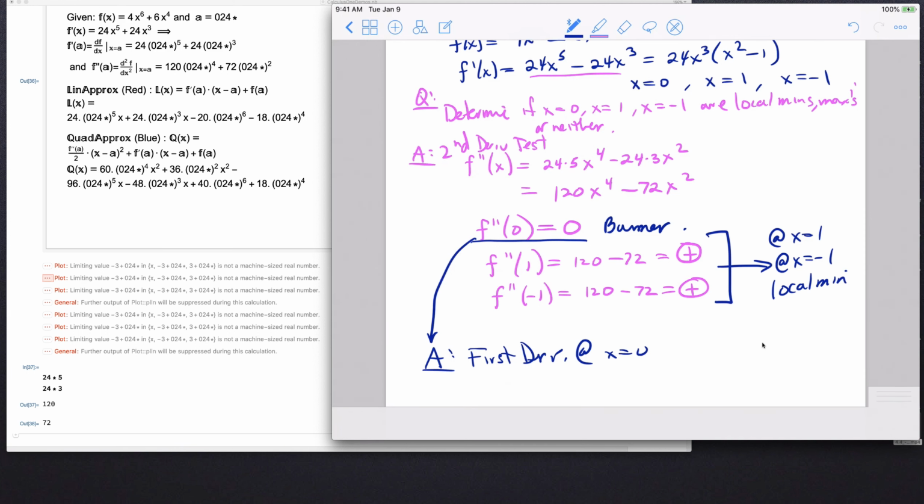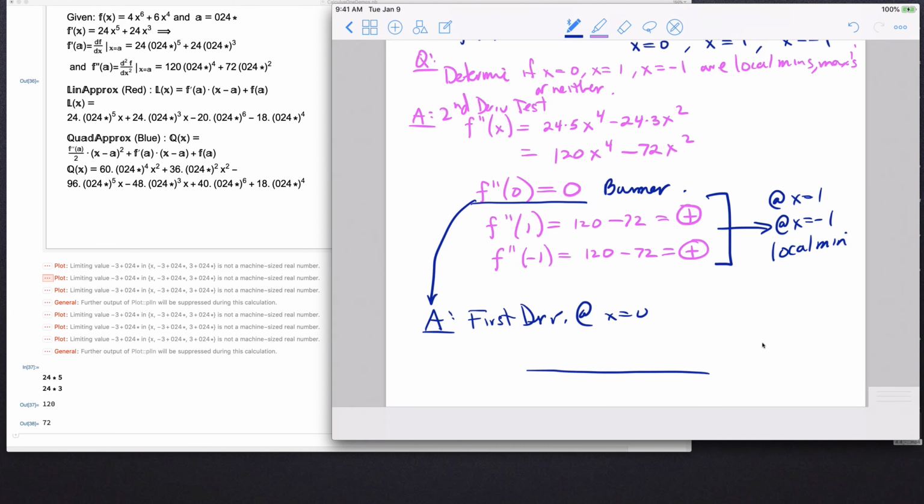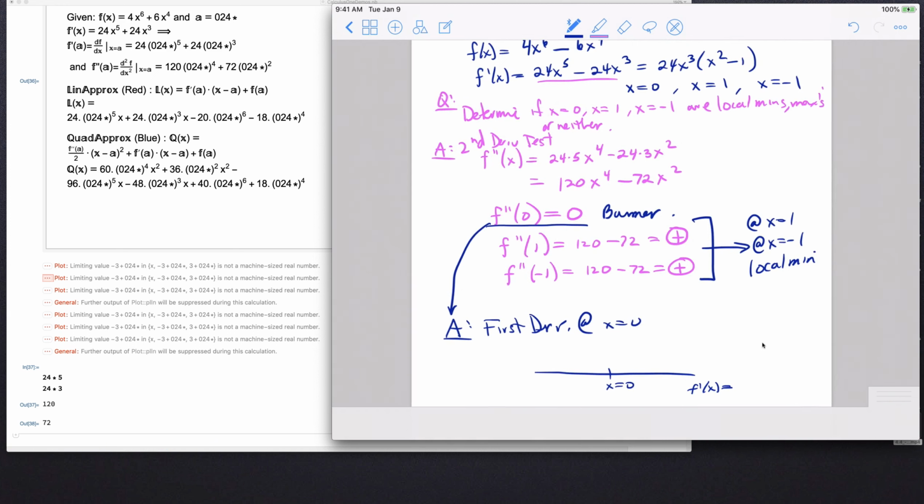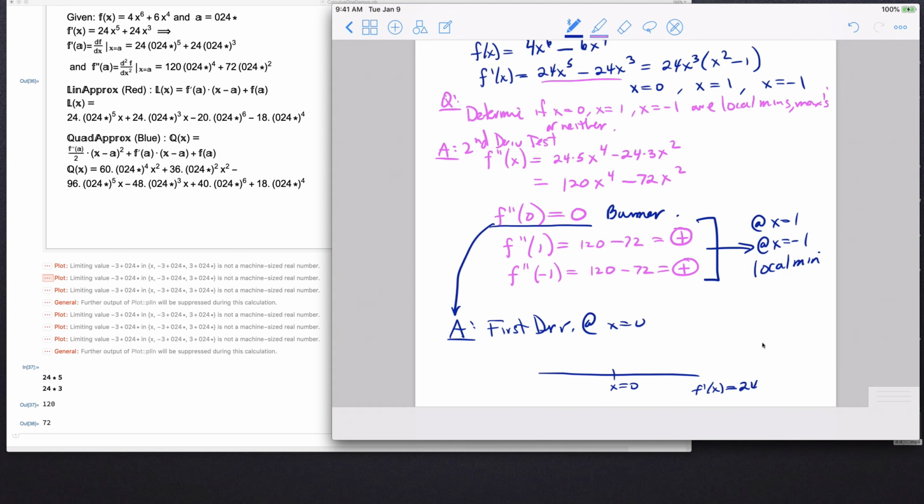At x equals 0, let's draw a sign line at x equals 0 for f prime of x, and f prime of x, we knew the answer to that was 24 x to the fifth minus 24 x cubed. Okay, we'll test our points, -1 and 1, let's say.